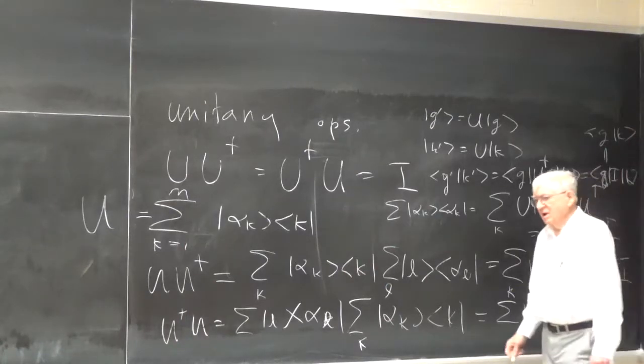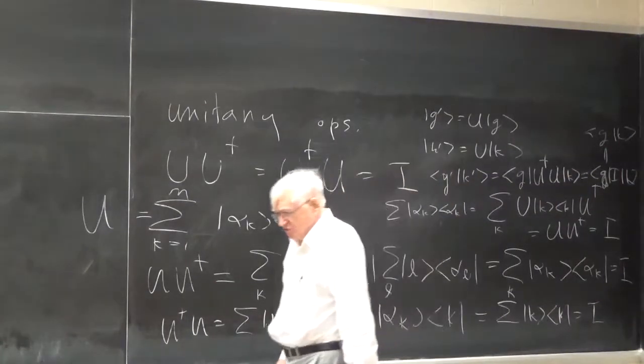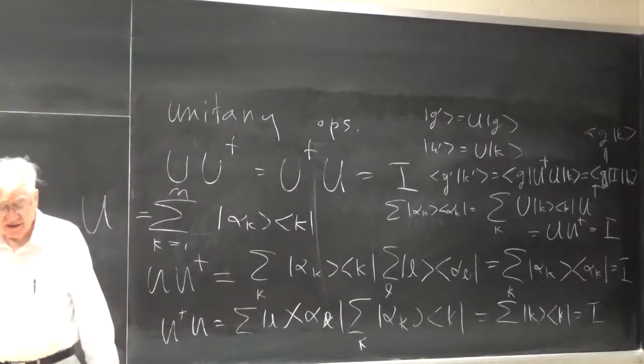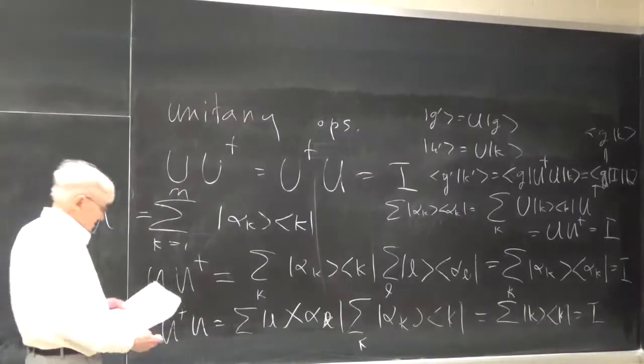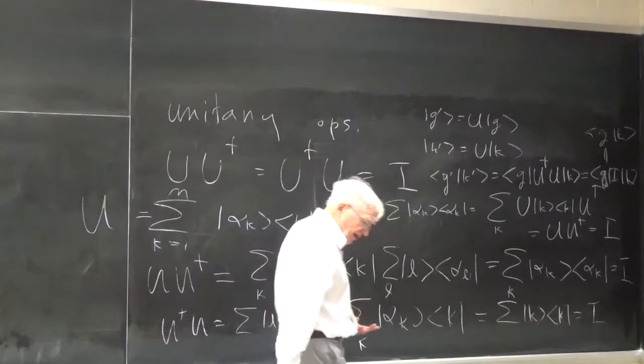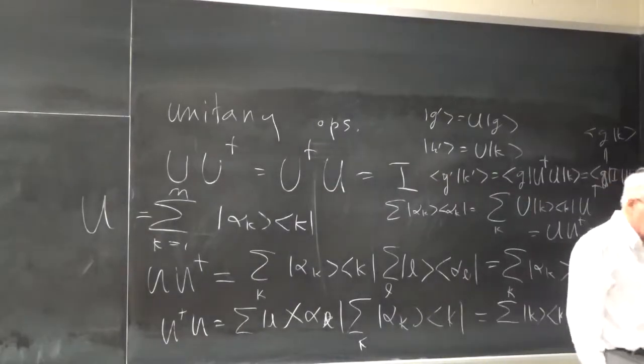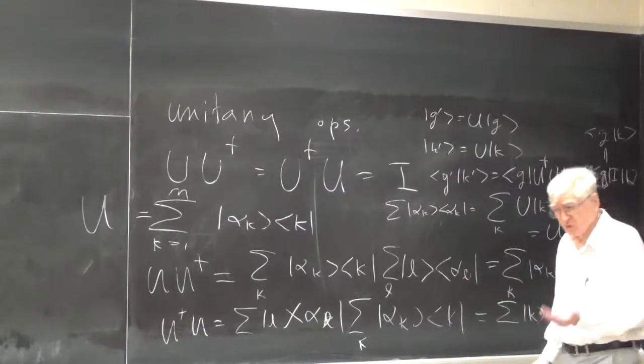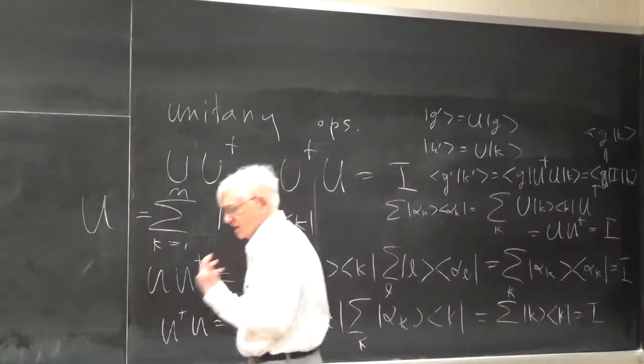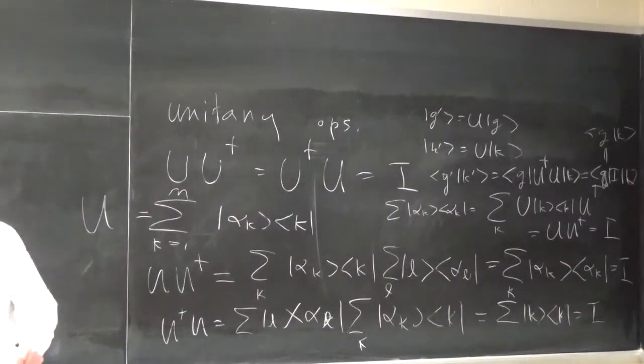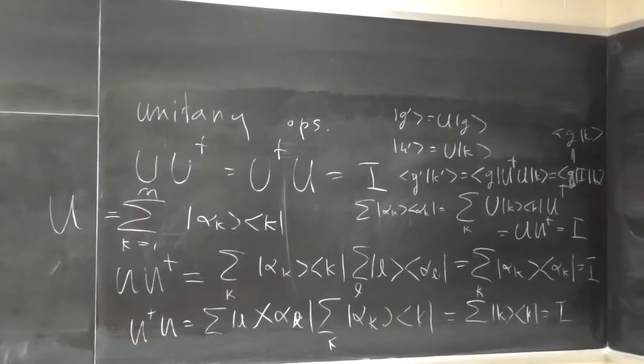So when you change from one basis to another, inner products don't change. And of course, inner products are important in quantum mechanics, because the absolute value of an inner product squared is a probability, or an element of probability.